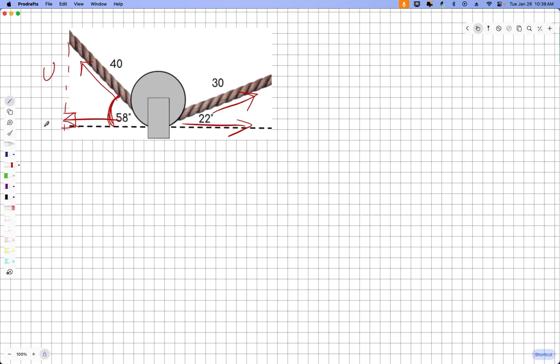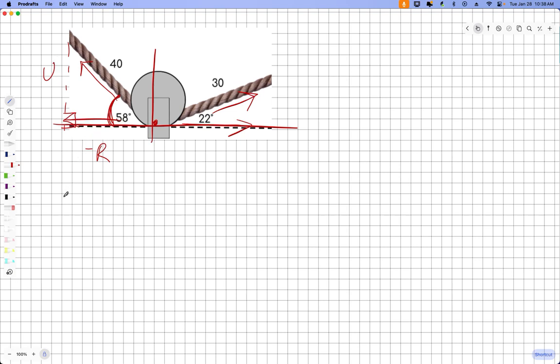Is it going to be a negative value? Yes, that's going to be a negative r, because this is the origin, basically. And this is your Cartesian coordinate system. Think of it like that. So this is going to go up, and this is going to go to the left. So it's a negative r value. This is a positive u value.